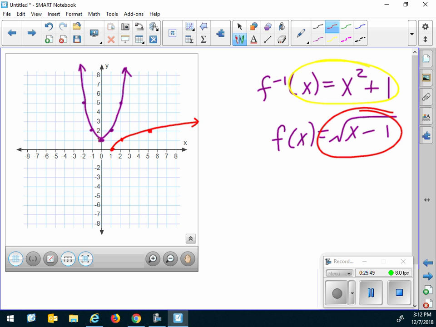We said that the X and Y switch, right? Now, here's what I want you to look at. Don't write this on your paper. What are the coordinates of that point right there? That's -1, 2. What are the coordinates of that point right there? -2, 5.